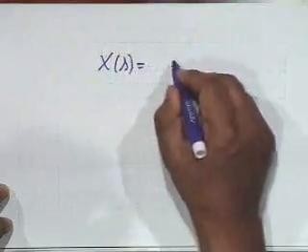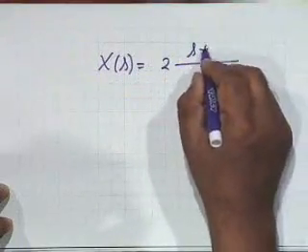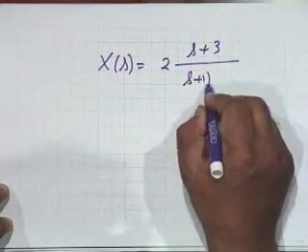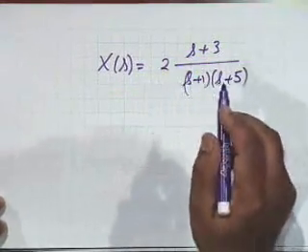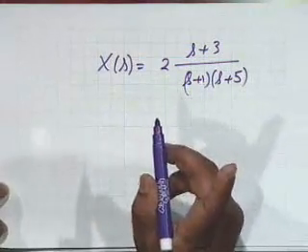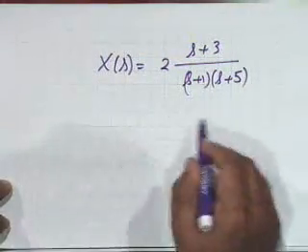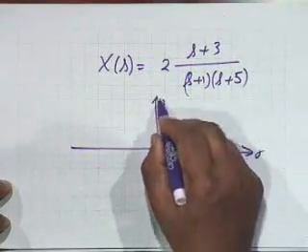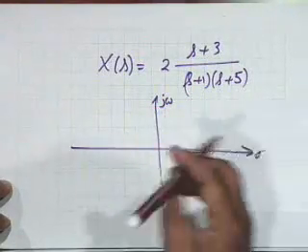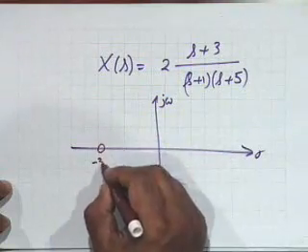For example, the previous function that we had was capital X of s equal to 2 times s plus 3 over s plus 1 times s plus 5. In the sigma-j omega plane, we have a 0 at s equal to minus 3.